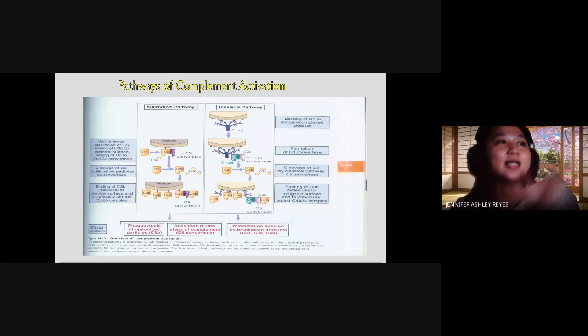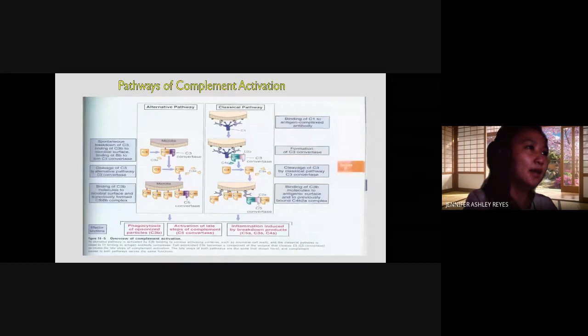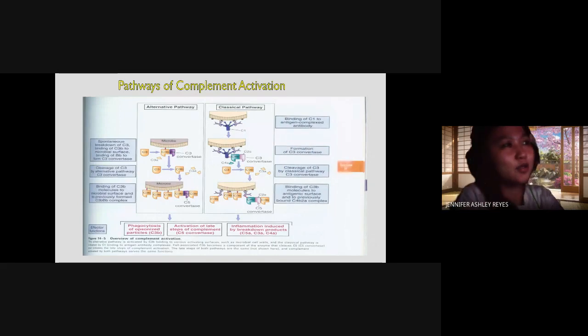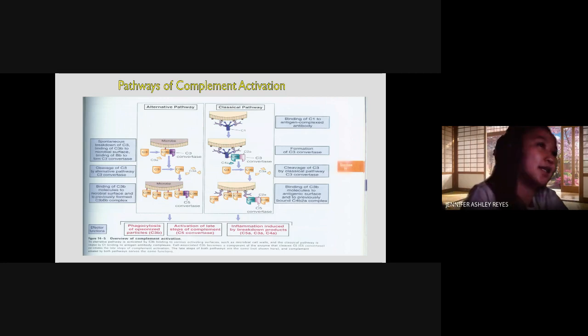So, si C3b will further cleave the factor B, and then magkakaroon tayo ng C3b, Bb. So, sa alternative pathway, marami tayong B. So, si C3b, Bb, yun yung C3 convertase ng alternative pathway.